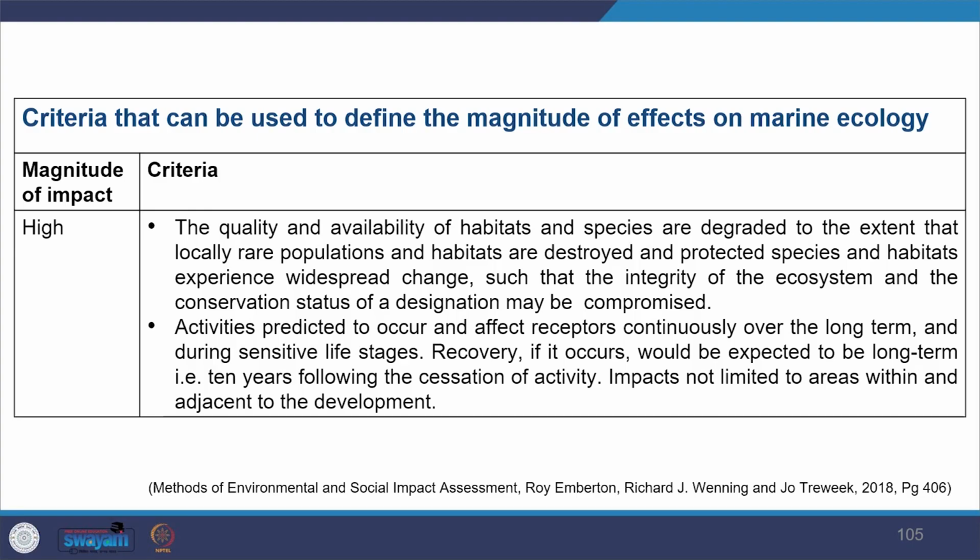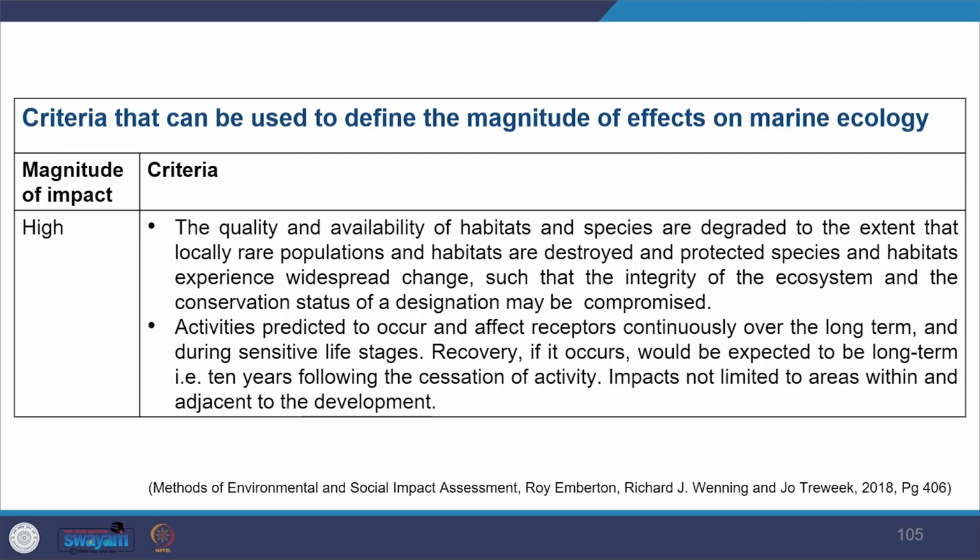So here, I'm just going to talk about one of those parameters. The quality and availability of habitat and species are degraded to the extent that locally rare populations and habitats are destroyed, and protected species and habitat experience widespread change, such that the integrity of the ecosystem and conservation status of the designation may be compromised. In such a situation, you consider that to be high.